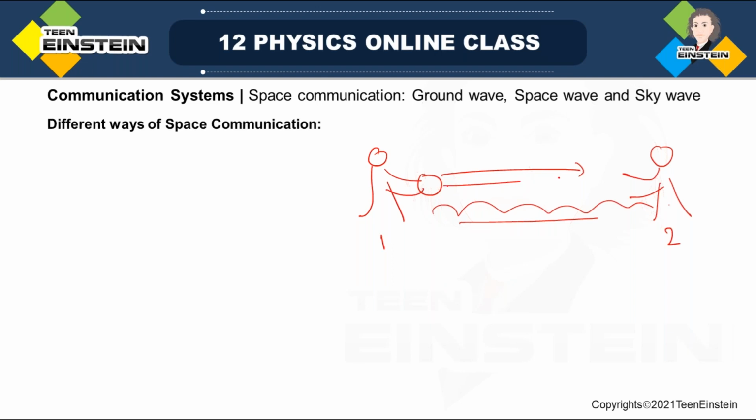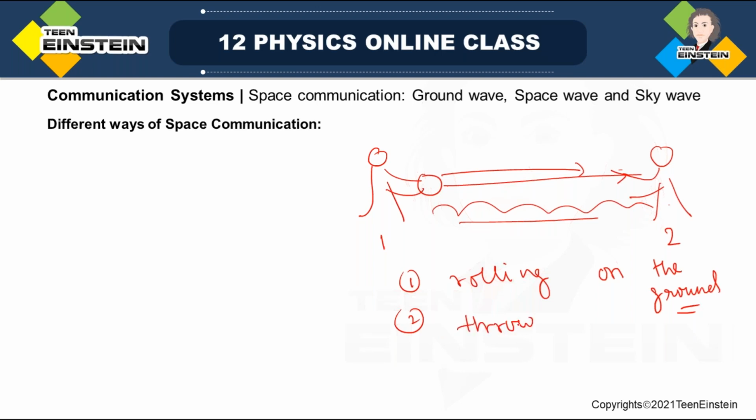So first is rolling on the ground, by which you can transmit this ball to the other person. Then the second thing is throwing directly to the other person, directly in a straight line, as I have shown.